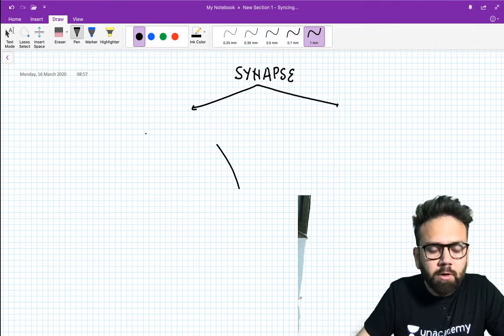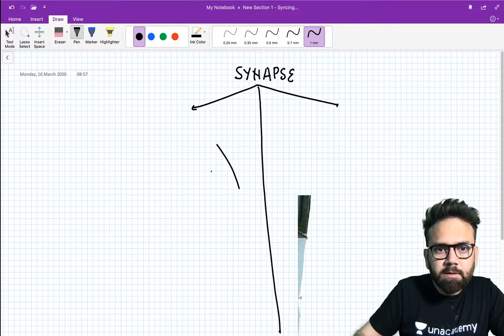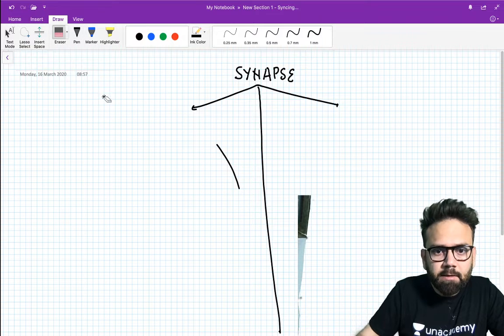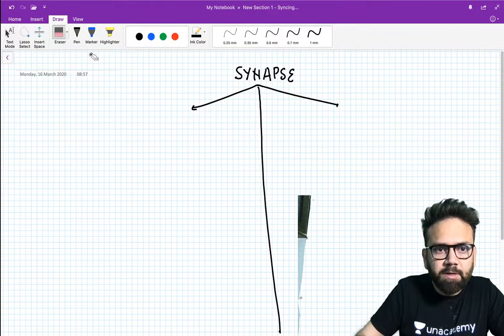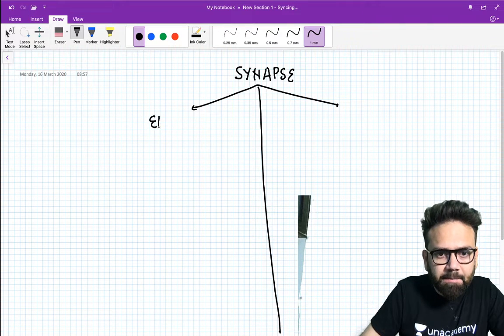As we all know, and it was also asked in one of the examinations in AIIMS, you should remember that. What are the differences between electrical synapse and chemical synapse? So first is electrical synapse. What is electrical synapse?